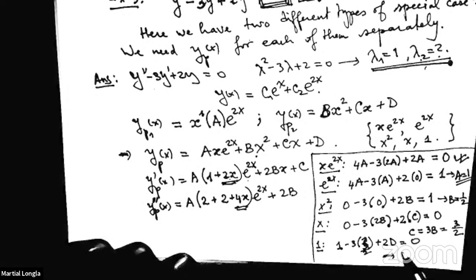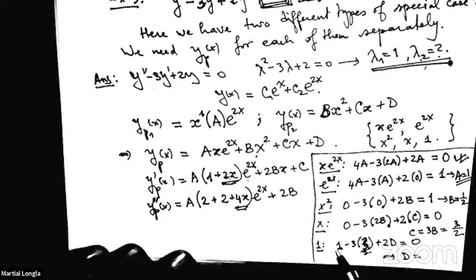C also here is 3/2, so you can replace that with 3/2. And so you solve that to get d. This is going to be 2 minus 9/2, so that's 7/2. It's going to be 7/4. So you get d equals 7/4, and you got all your coefficients.